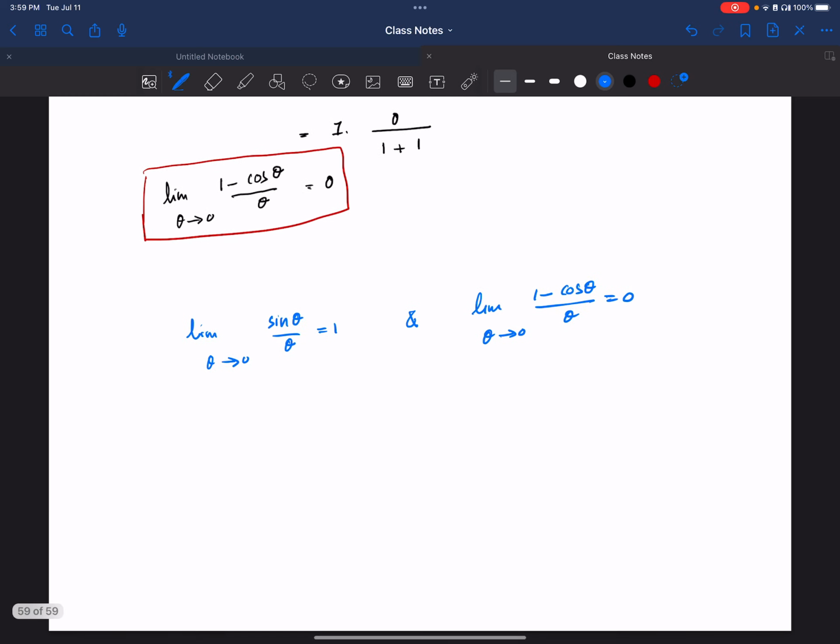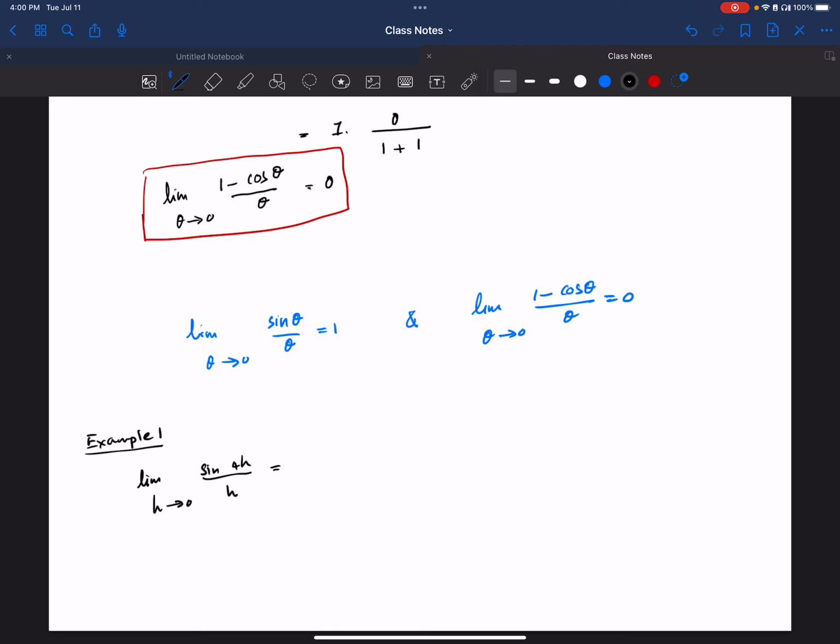So example 1: limit as h goes to 0 of sine 4h divided by h. Now we have sine 4h, but in the denominator you have h.